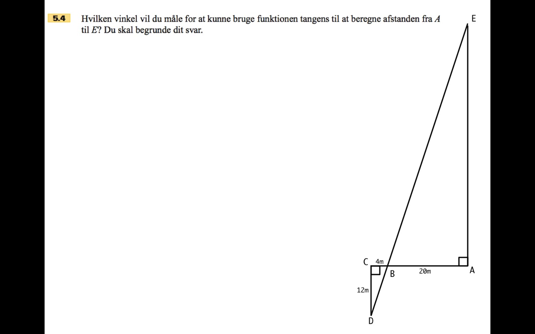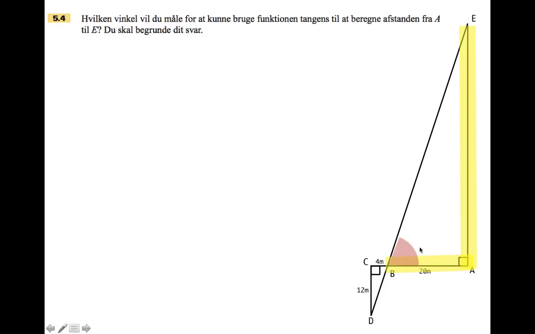Which angle would you measure in order to use the function tangent in English, tangens in Danish, in order to calculate the distance from A to E? You have to justify your answer. Okay, so we're missing AE, that's that one. We know the 20 there. So if we're using tan, that's opposite divided by adjacent.